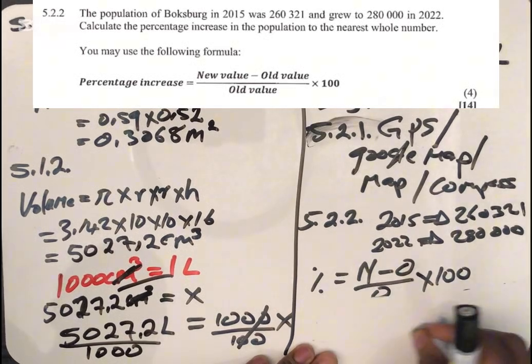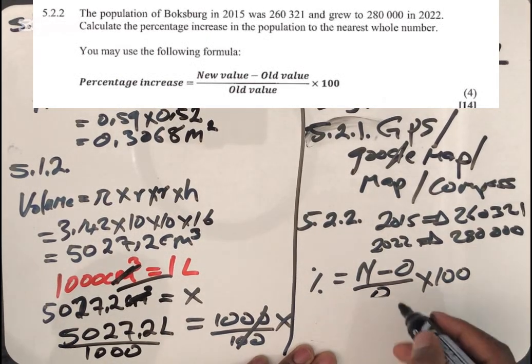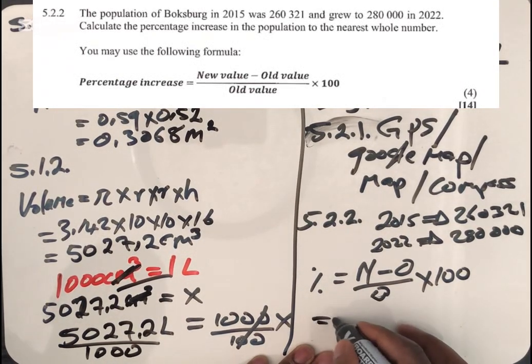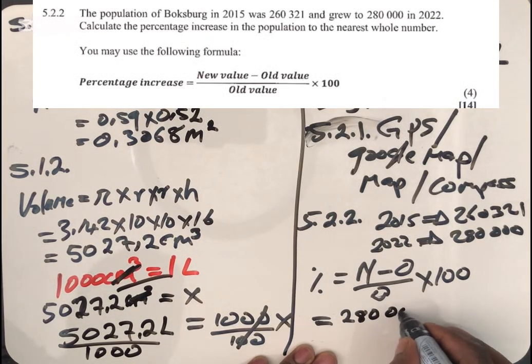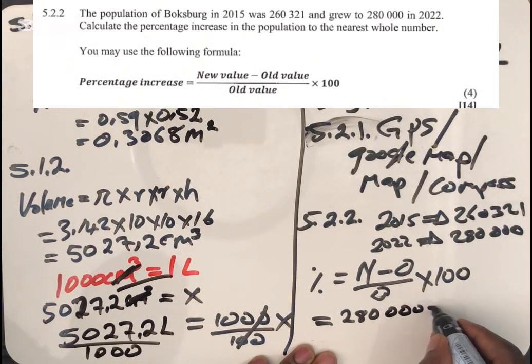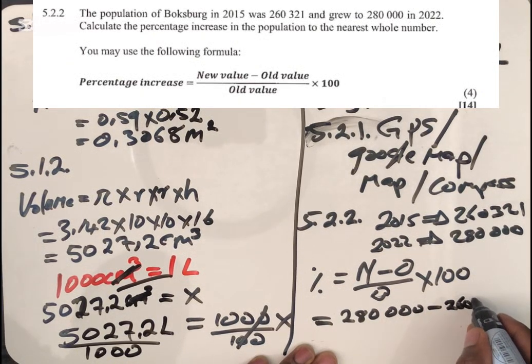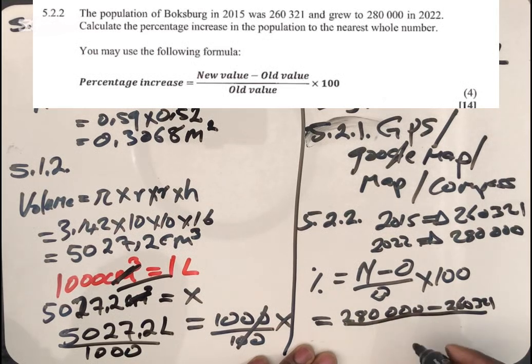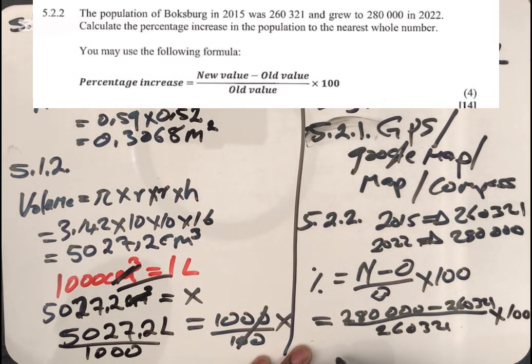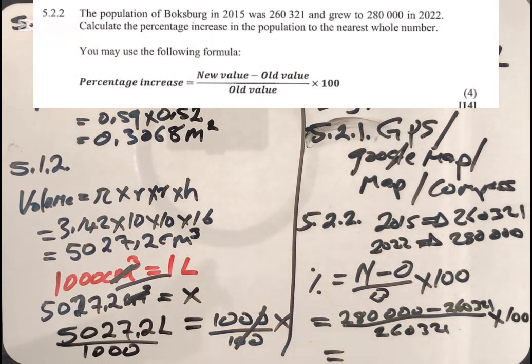Because if I don't show it here, it may frustrate other learners. And then let me say the new is 280,000 minus 260,321. Divide by the old one. The old one was 260,321. We multiply everything by 100. Yes, at least it will fit here.